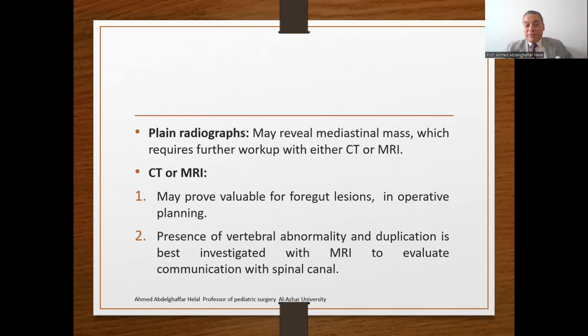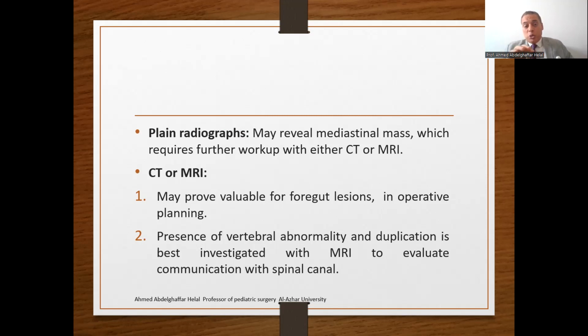The plain radiograph may show a mediastinal mass, which requires further workup with CT or MRI. CT or MRI may prove valuable, especially for foregut lesions and in operative planning. With vertebral anomalies, the duplication is best investigated with MRI to evaluate communication with the spinal canal, and in this situation a neurosurgeon should attend the procedure.